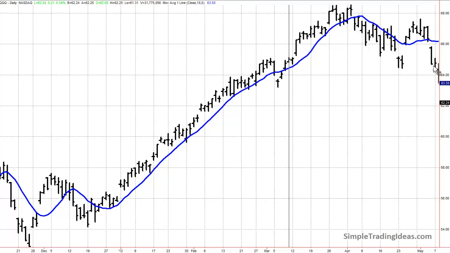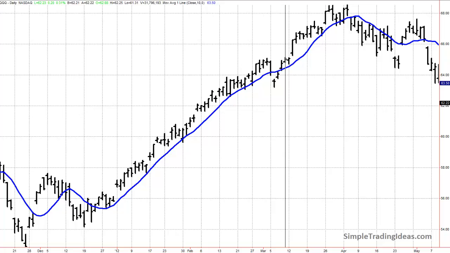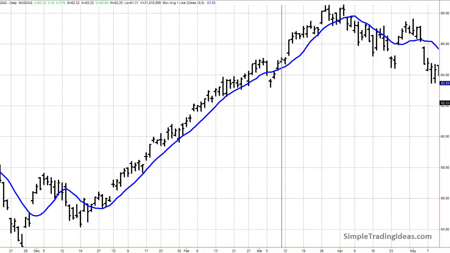Now something you may have noticed is we've been in and out of a number of trades. This is based upon the current market action in relation to the particular moving average. This is a 10-period moving average, and you can have a moving average anywhere all the way up to a 100 period, a 200 period.